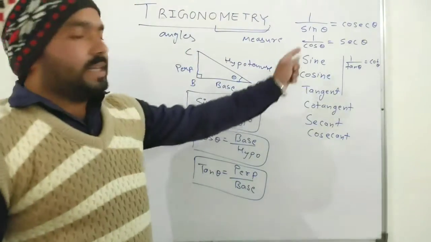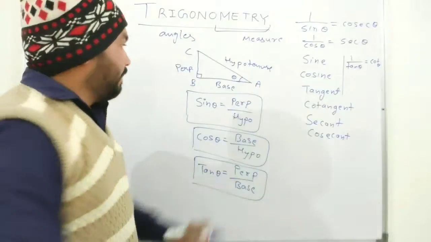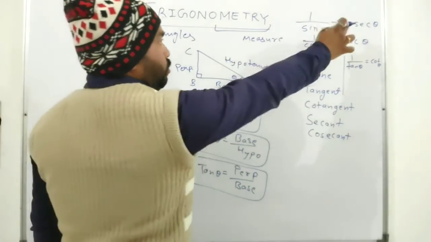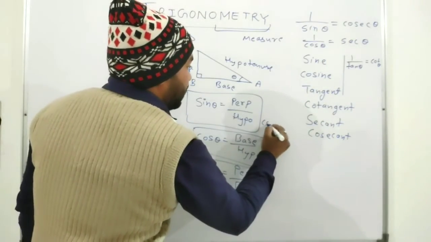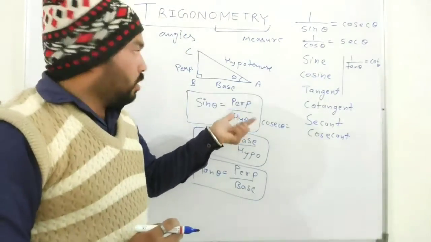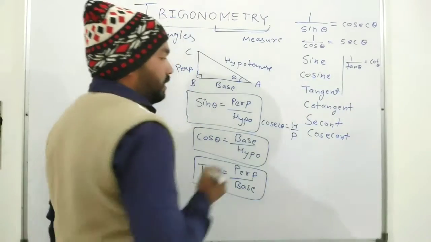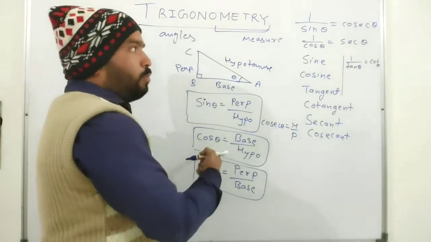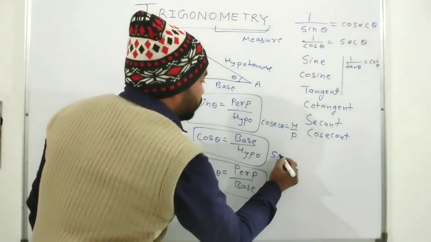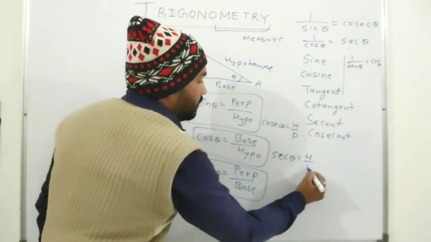Dear students, the reciprocal of sine theta is cosec theta. So cosec theta equals the reciprocal of perpendicular upon hypotenuse, which means cosec theta equals hypotenuse upon perpendicular. The reciprocal of cos theta is sec theta, so sec theta equals hypotenuse upon base.